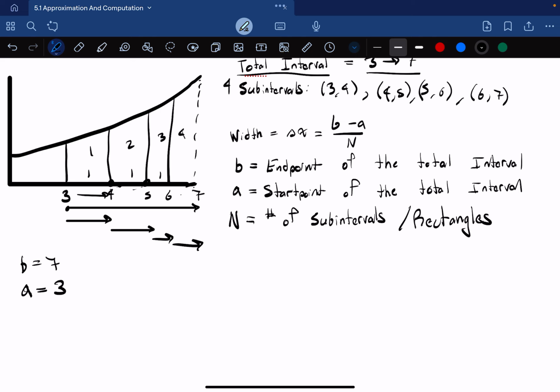So for this demonstration, we have exactly 4 rectangles, and therefore 4 subintervals. So n is going to equal 4.